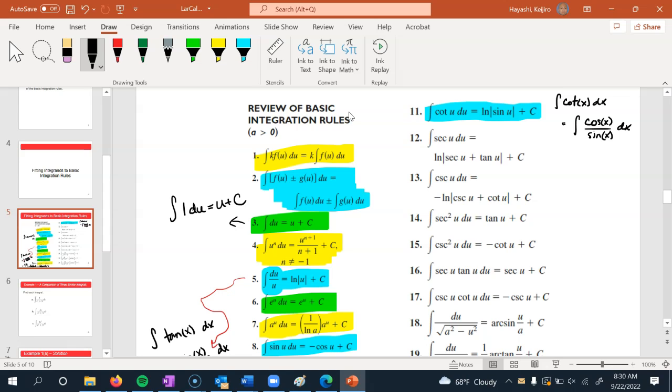And you don't even have to throw in a negative sign. You have sine on the bottom, and you have its derivative on the top. So that's enough to say, okay, well that's the natural log of whatever I have on the bottom, plus c.